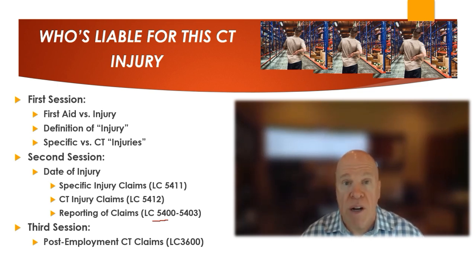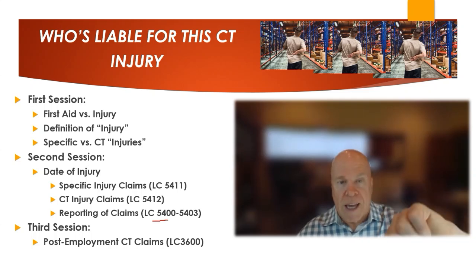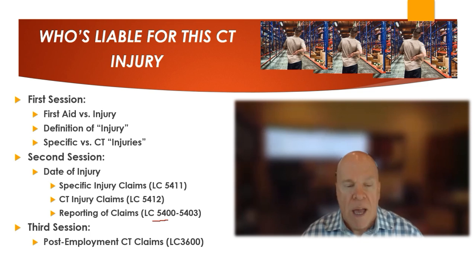The claims administrator has seen fit to exercise the affirmative defense under Labor Code Section 3610, the post-termination defense, and these claims come to us as denied claims for our AOE/COE determination. Our determination either for industrial injury or against industrial injury. And you're going to get a throng of these.